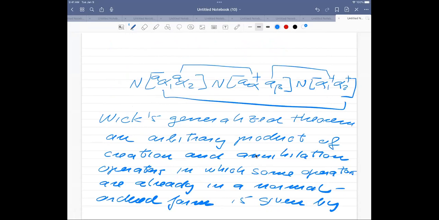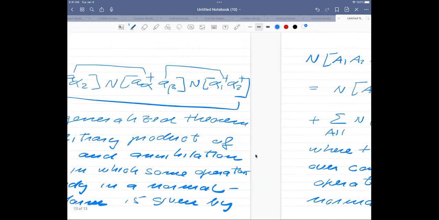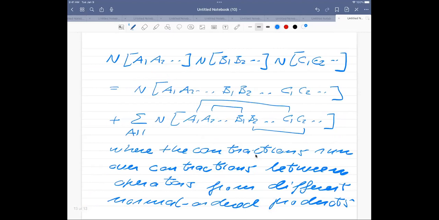If we think of the state as a product of creation operators, which is already normal ordered, and a set of annihilation operators only, which is normal ordered by default, and then we have the operator itself, which is also normal ordered. So that leads to something which is going to simplify life a lot.